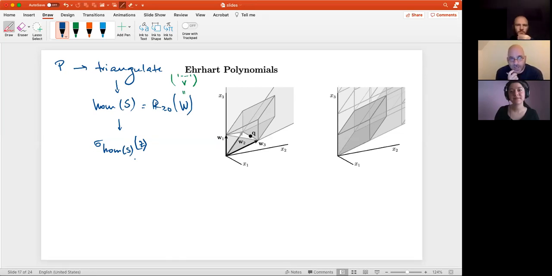But the general case is pictured here in these pictures. So let's say I have a three-dimensional cone. That's the last picture I can draw. And I have my three generators over here, but they don't form a Z basis.